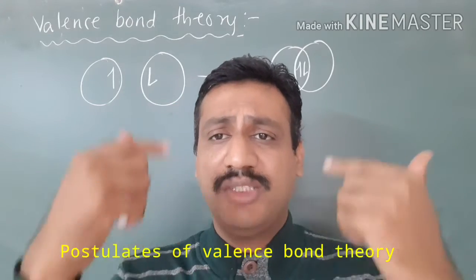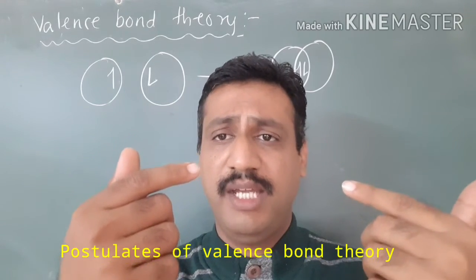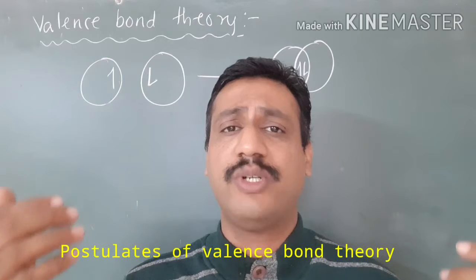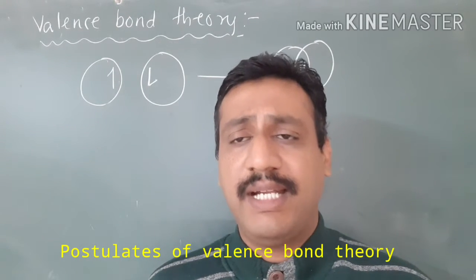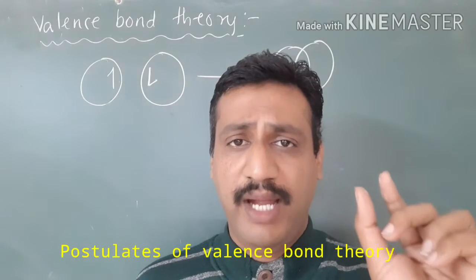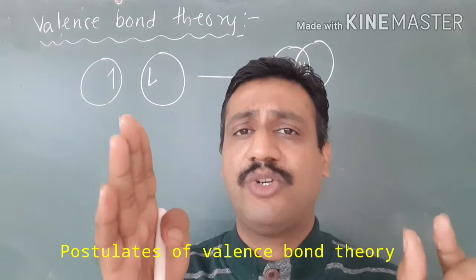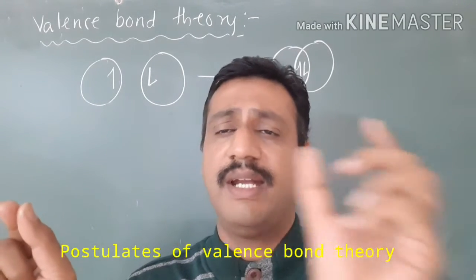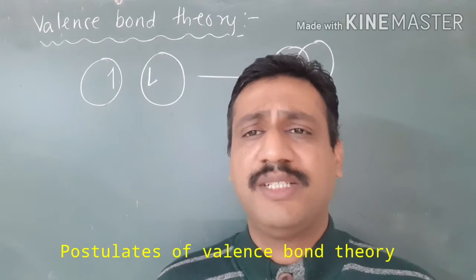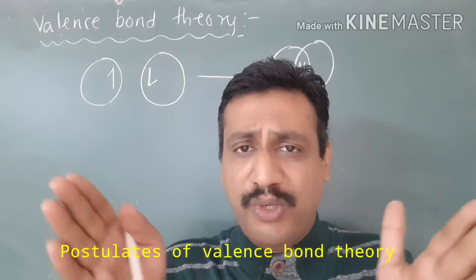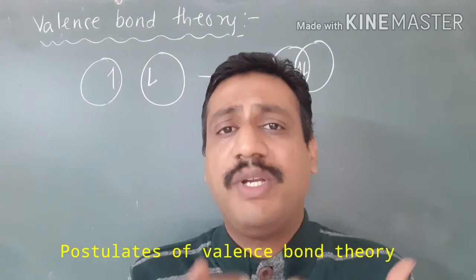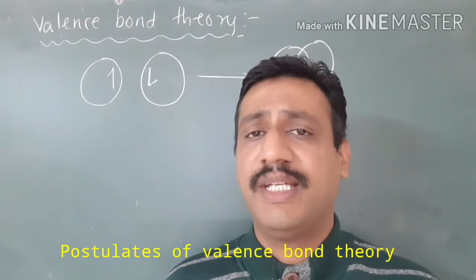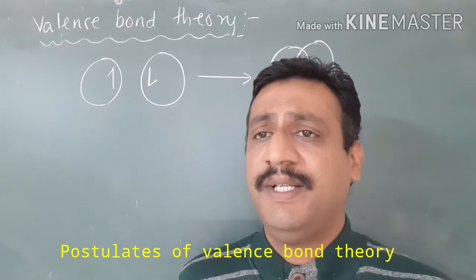Between the outer shell electrons of both atoms, there is also repulsion. Besides this, attractive forces are also there: the nucleus of the first atom attracts the electron of the other, and the nucleus of the second attracts the electron of the first. So if the extent of overlapping is greater than 50%, the magnitude of repulsive forces will increase, and in that case bond formation will not take place.